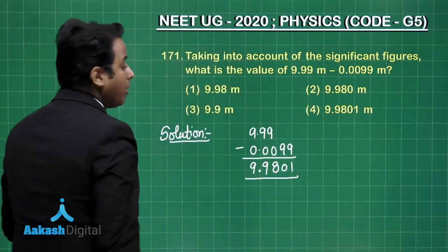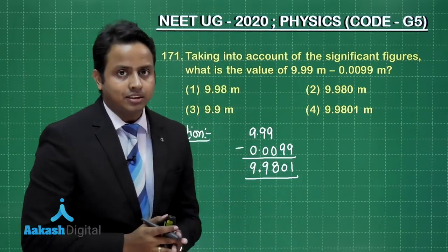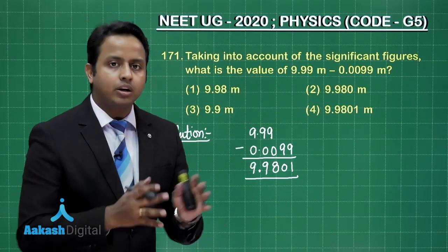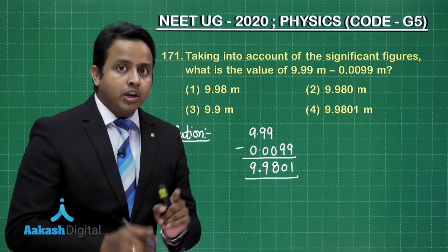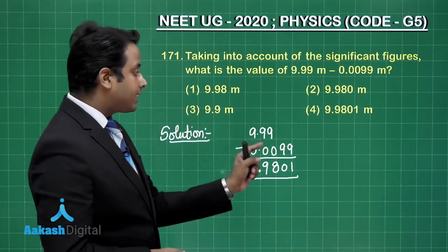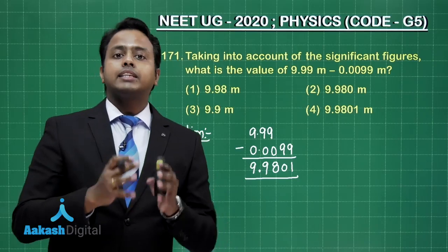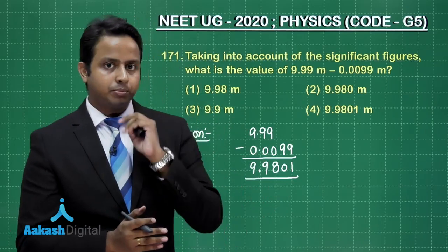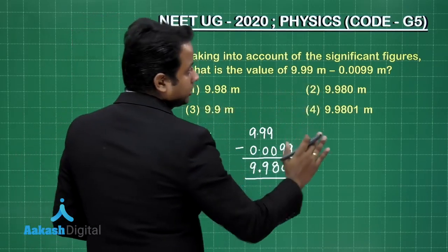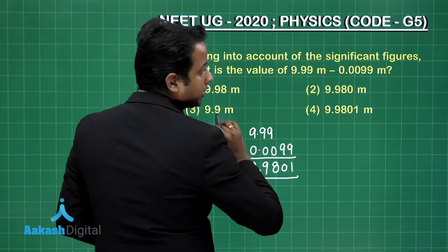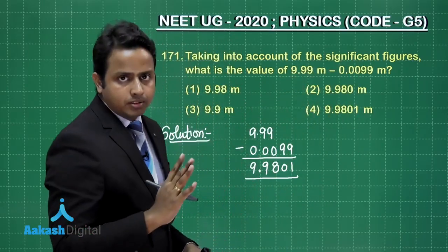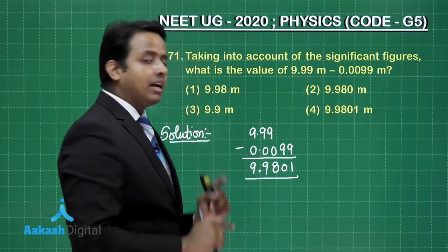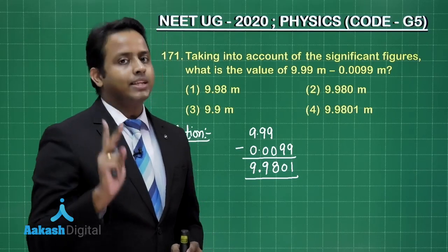This would be your number, but I cannot report this as the answer, because according to the rule of significant figures, when you are subtracting or adding two numbers, the answer can contain only as many decimal places as the least number of decimal places contained by the numbers involved. So clearly in the question, one number has 2 decimal places, the other number has 4 decimal places. Out of these two, 2 will be the least number of decimal places. So yes, the answer can also be reported up to 2 decimal places only.